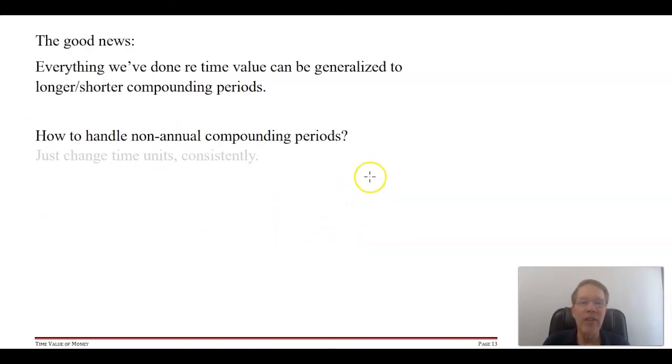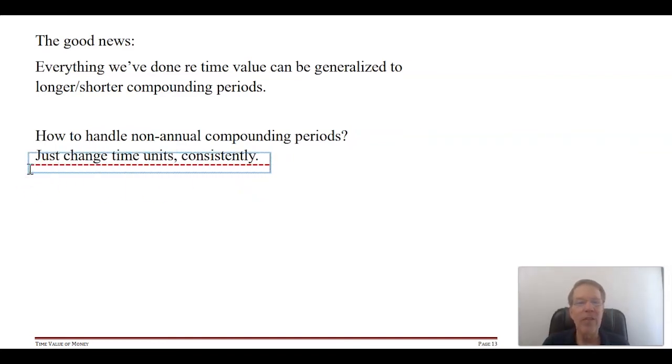What are the implications? Well, the good news, and there's pretty much only good news here, is that everything we've done regarding time value so far can be generalized to longer or shorter compounding periods. And to handle non-annual compounding periods, all we have to do is consistently change our time units.